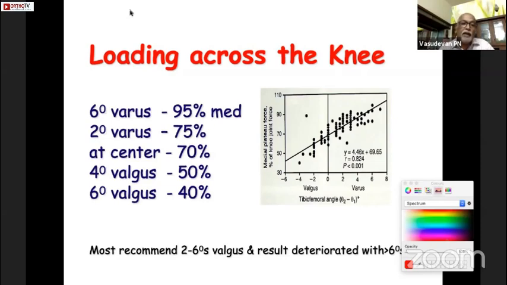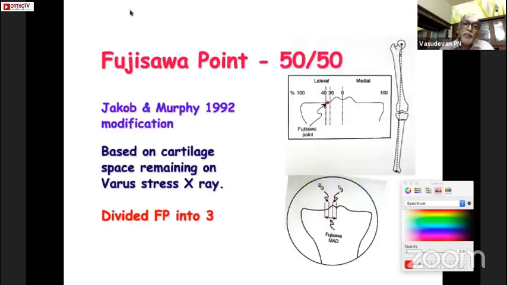And with 4-degree valgus, it's about 50%. That's at the Fujisawa point. And when you have 6 degrees, the medial condyle will take only 40%. So most recommend to realign to 2 to 6 degrees of valgus, and results deteriorate with more than 6 degrees. I usually stop at 2 to 4 degrees.